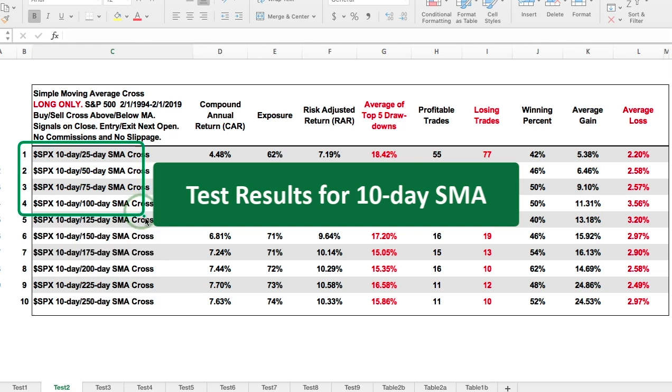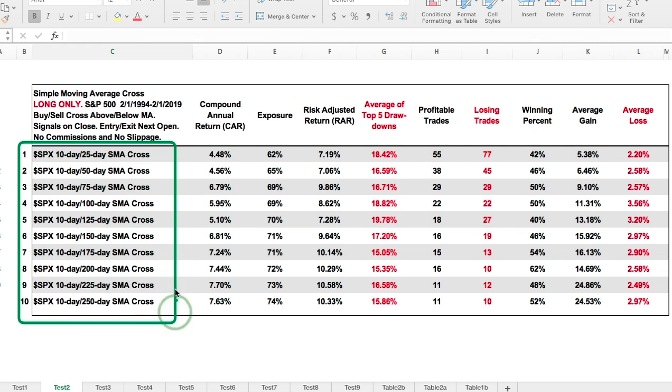So again here, I'm testing the 10-day SMA crossing above the 25-day SMA. And then I am expanding that longer, slower moving average to 50, 75, all the way to 250. So when the 10-day crosses above the 250, here are the results. And you can see here that the compound annual return goes from around 4.5% to 7.63%.